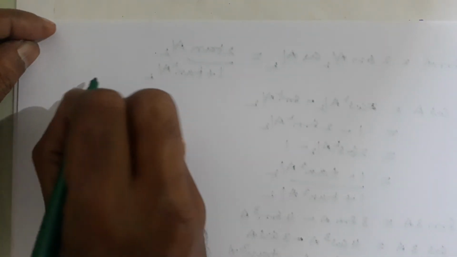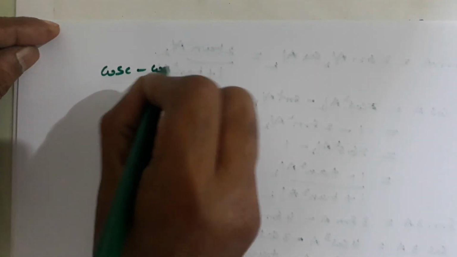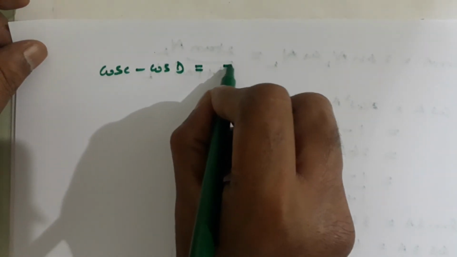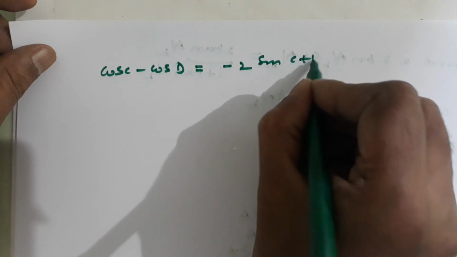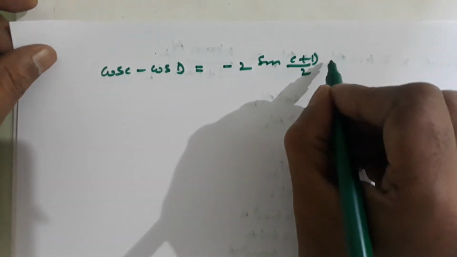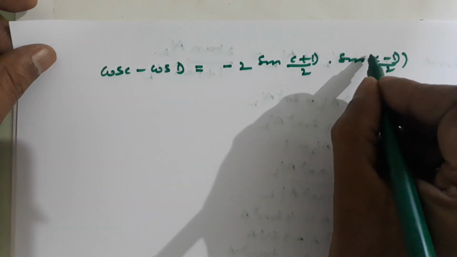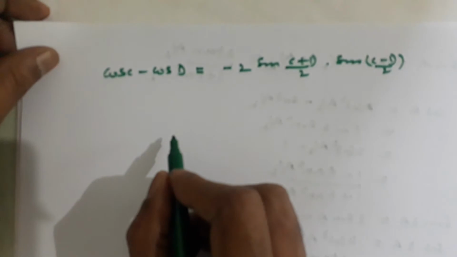Next, cos c minus cos d. Cos c minus cos d is equal to minus 2 sin (c plus d)/2 into sin (c minus d)/2. These are all a few trigonometric identities.